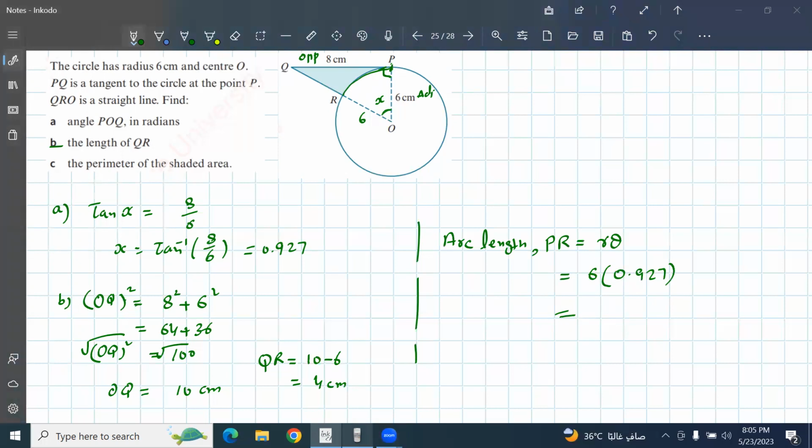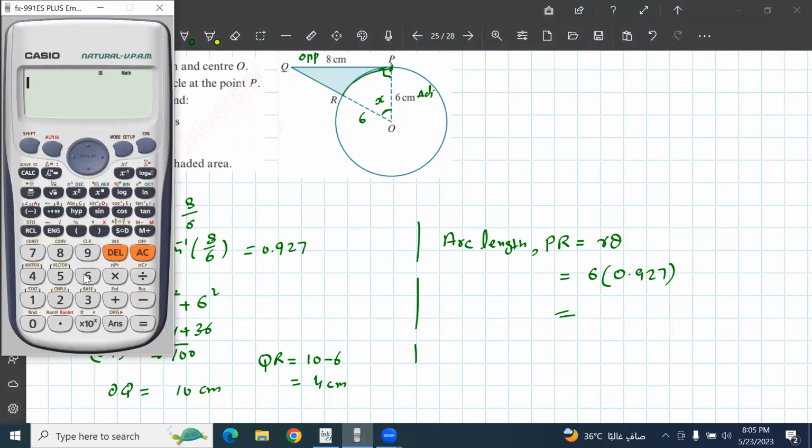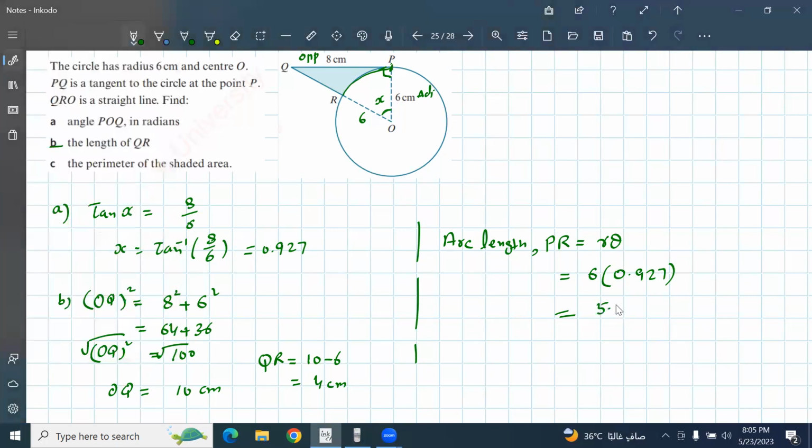In the calculator, 6 multiply 0.927 gives us 5.56. At the end, you can add all to find the perimeter of the shaded region. This is 4, 8 plus 5.56. So this is the answer of part C.